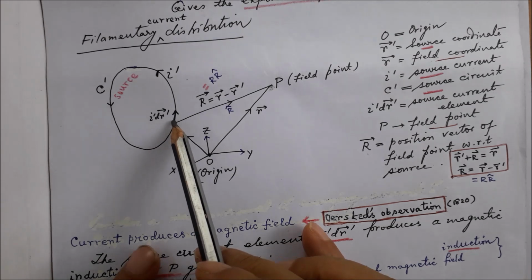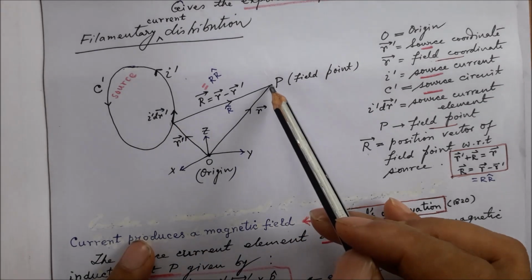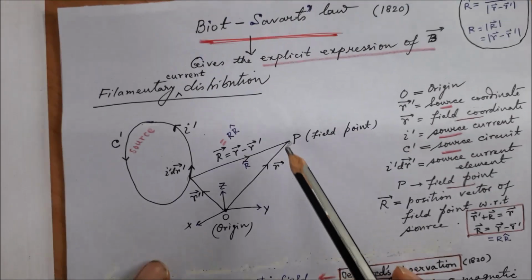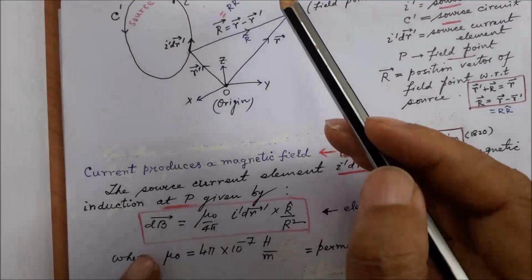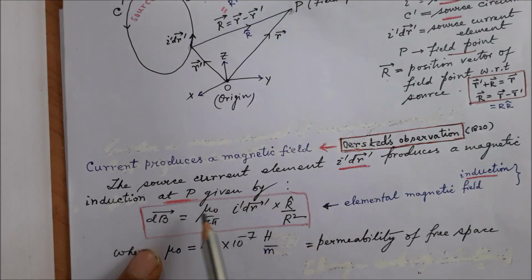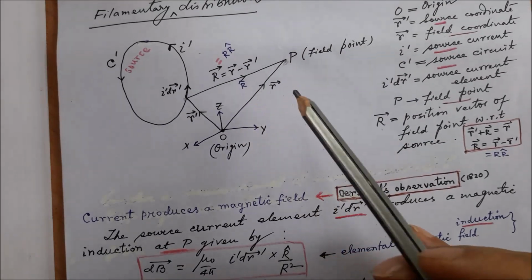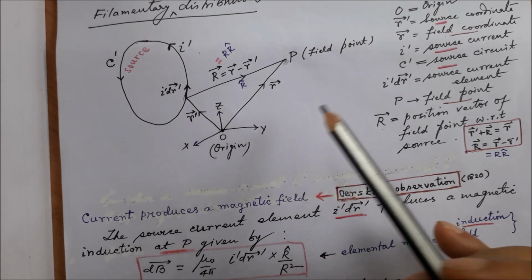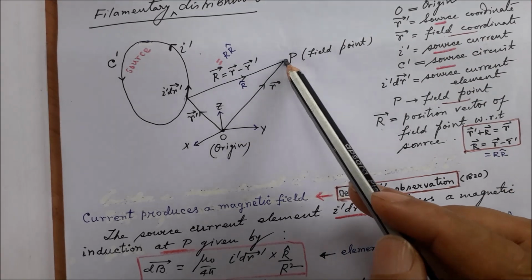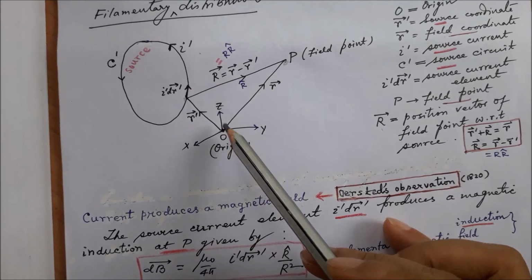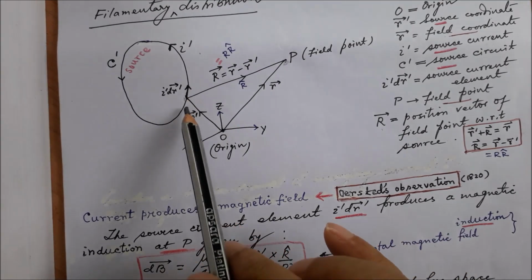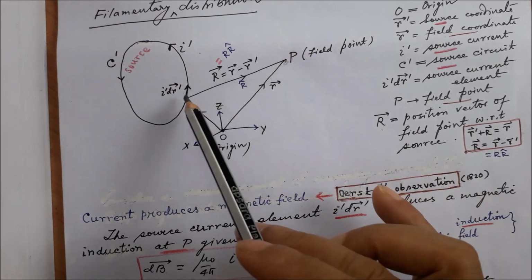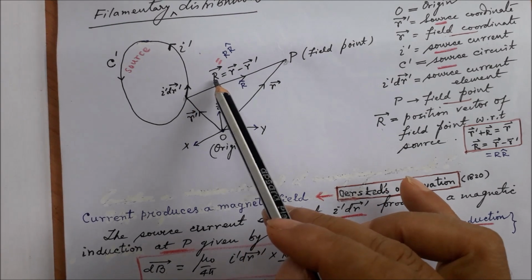So this will produce a magnetic induction at a point P, and this expression was given by Savart's law to be of this shape, where vector r represents the field coordinate, the position vector of the field point with respect to the origin, the position vector of I prime dr prime being vector r prime, and the position vector of the field point with respect to the source point is vector R.